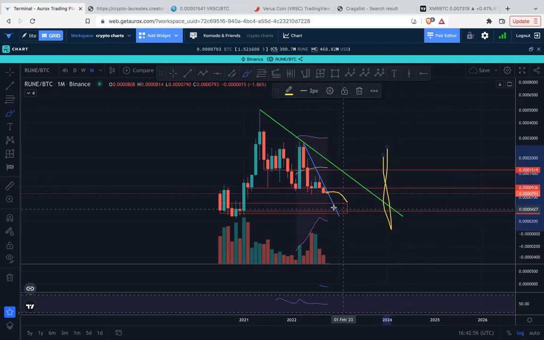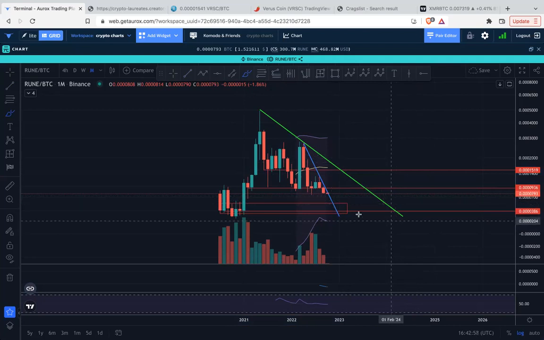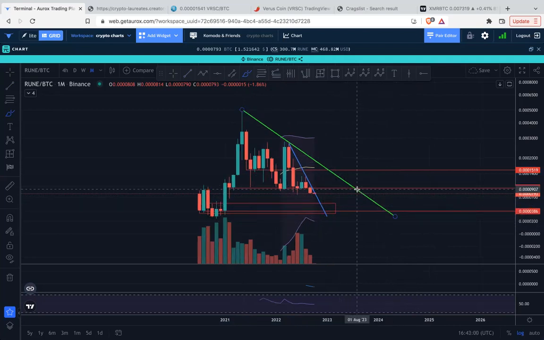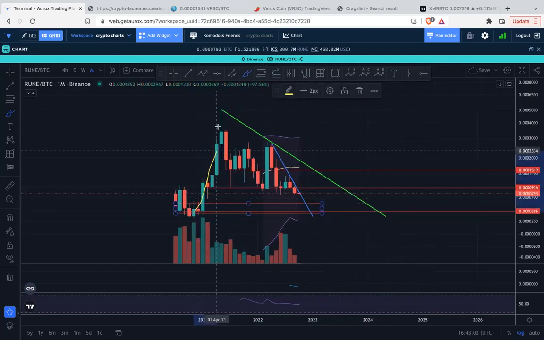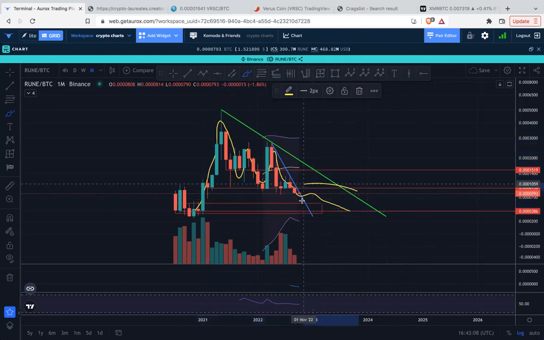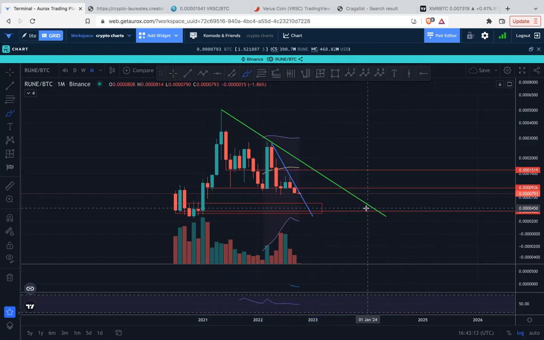So maybe you're looking at that kind of price action until 2024. So the alts against BTC on the monthly time frame are really showing that 2023 could be weak, with a key time frame to get in and then get out if you're looking to make 100% against BTC.